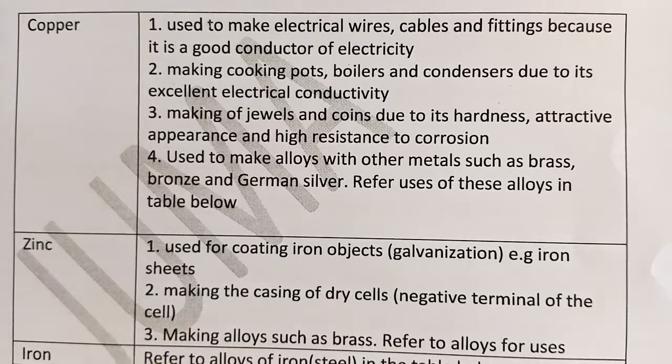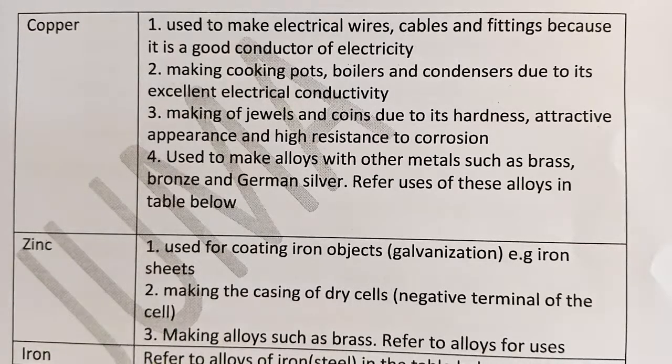Copper is used to make alloys with other metals such as brass, bronze, and German silver, which we are going to see the uses of just after iron, because iron has so many alloys, and some of them are going to be alloys made of iron and copper.